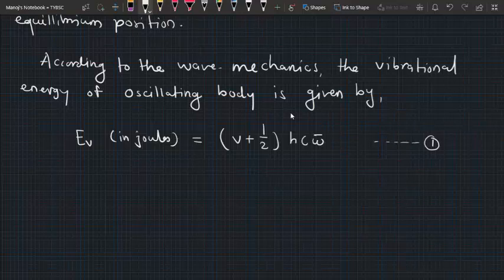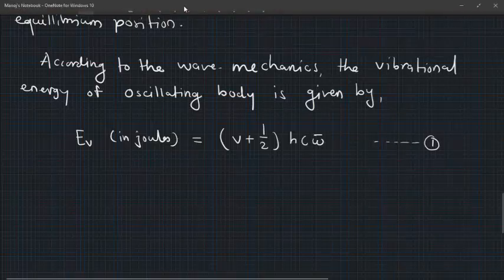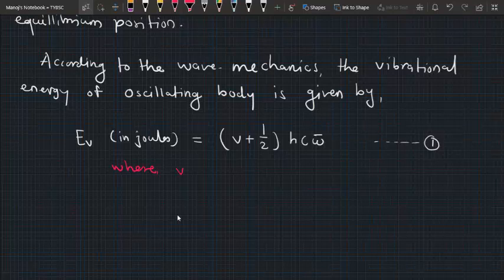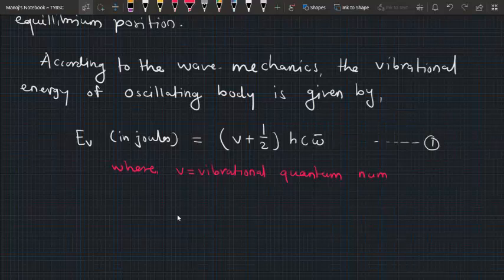Okay, so let us write down where small v is equal to the vibrational quantum number, which has values equal to 0, 1, 2, 3, and so on.